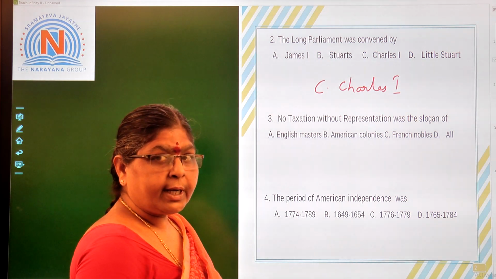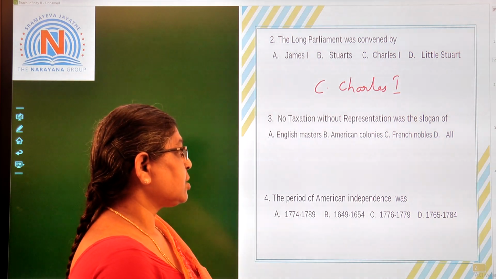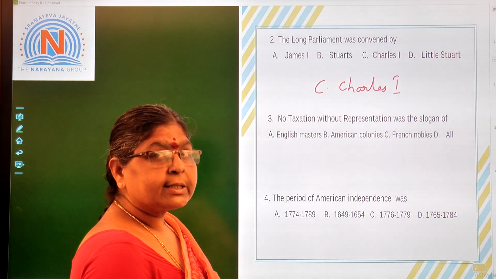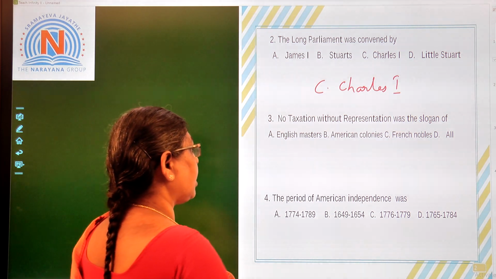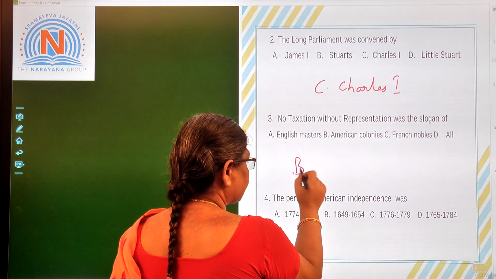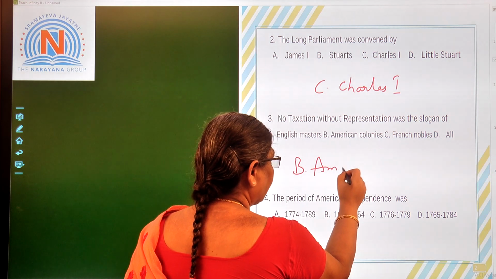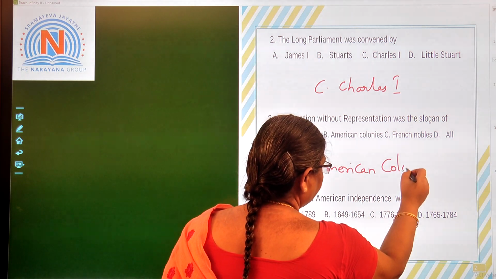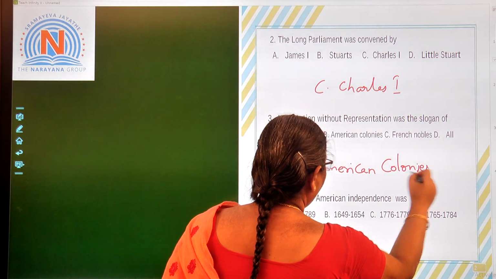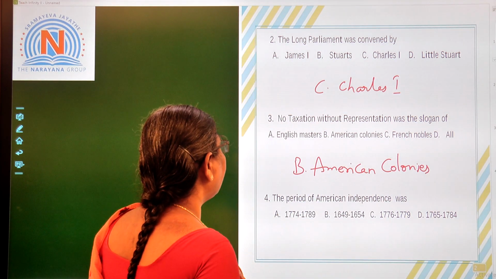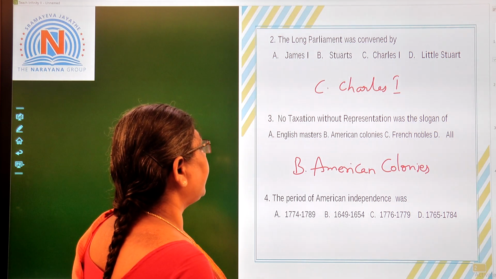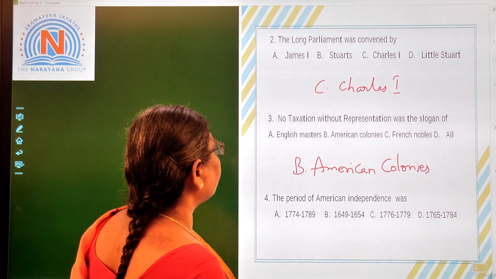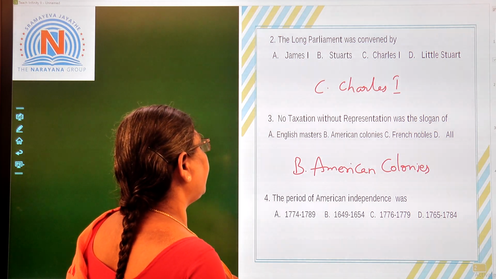And now the next one: no taxation without representation was the slogan of the American colonies. Right, children? And now look at the next one, that is the period of American independence. What is the period of the American independence?